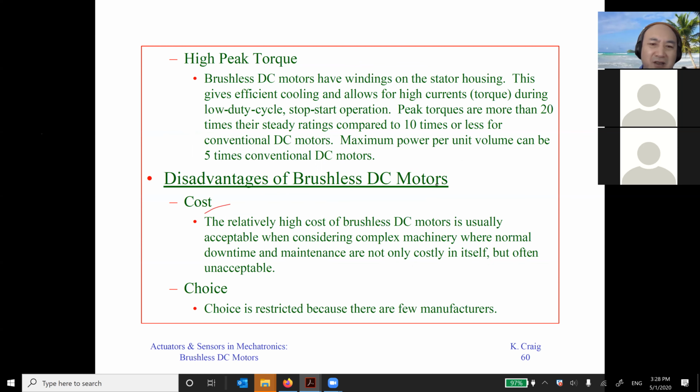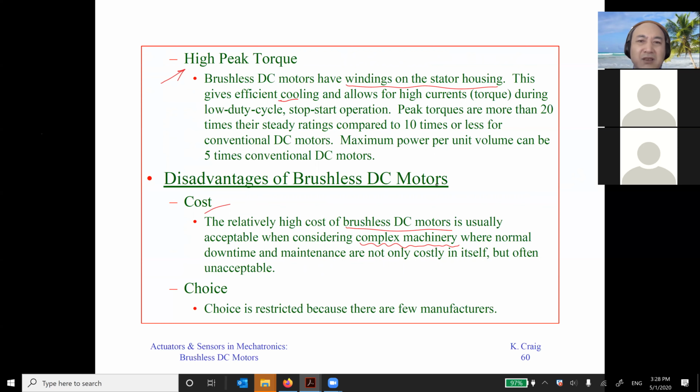The reason the cost is high is because brushless DC motors have complex machinery. So if something goes wrong, the fix is hard. Again, another thing to tell you is a high peak torque. Because you can have windings on the stator housing, this gives efficient cooling.